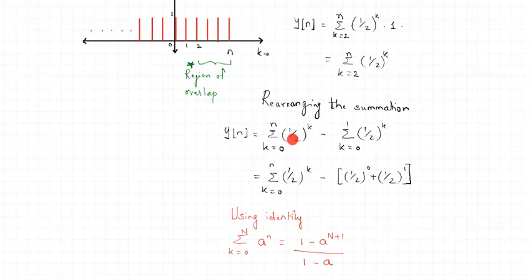And hence we subtract these two k values, k as 0 and k as 1, from the summation that we have rearranged from 0 to n. This is similar to expressing the summation as 2 to n. Now we need to simplify these two summations.